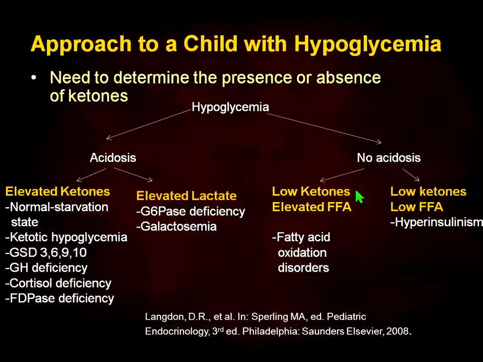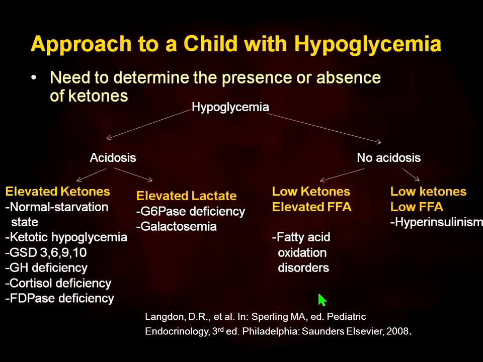So this is kind of a busy slide, but when you get hypoglycemia, everyone just kind of freaks out, okay? And I can understand that. It is complicated, but the most important thing you're trying to differentiate is the presence or absence of acidosis, and in my mind, really the presence or absence of ketones, okay? This list is a little bit shorter. I like memorizing the shorter list, right?